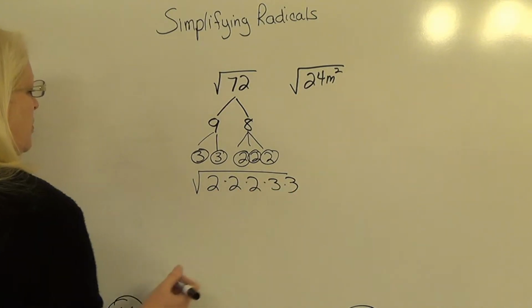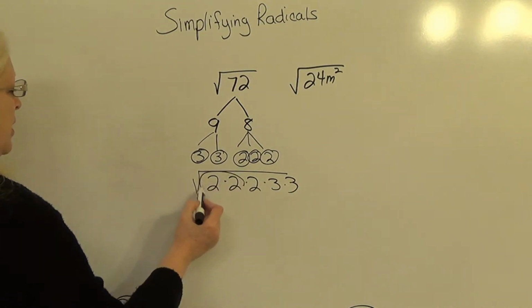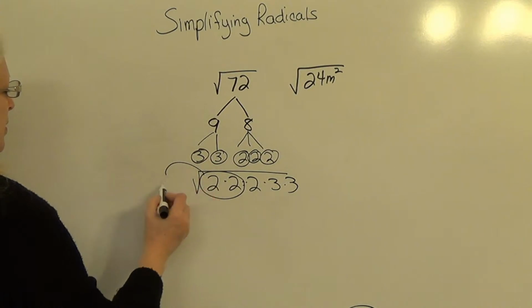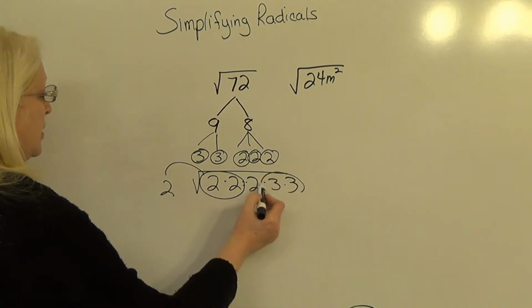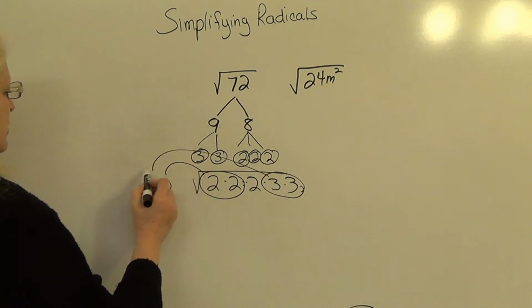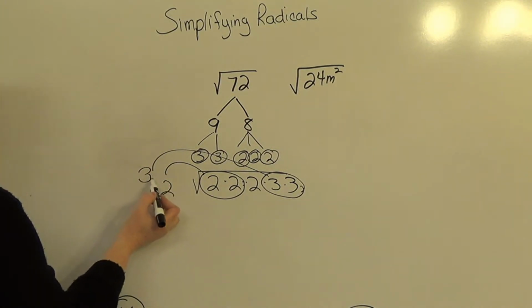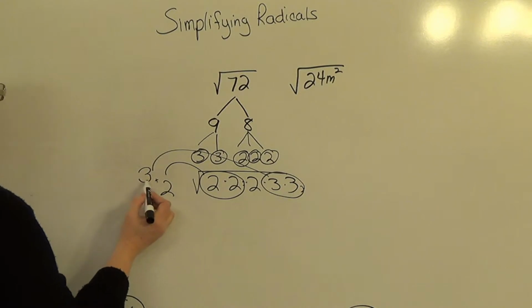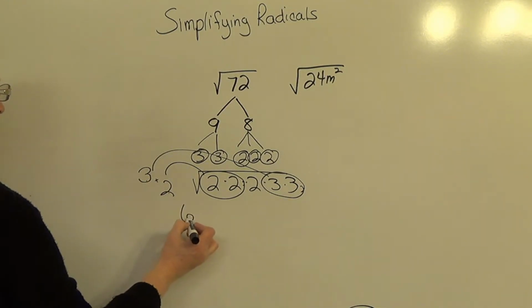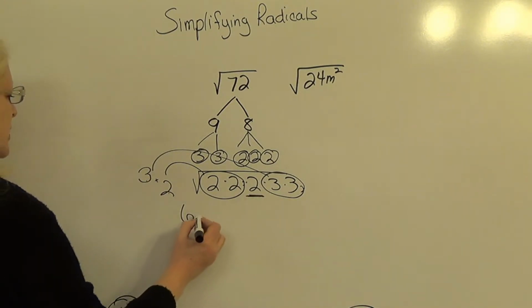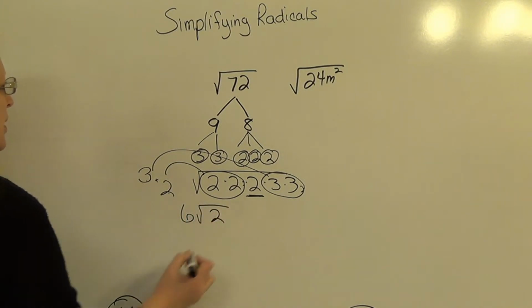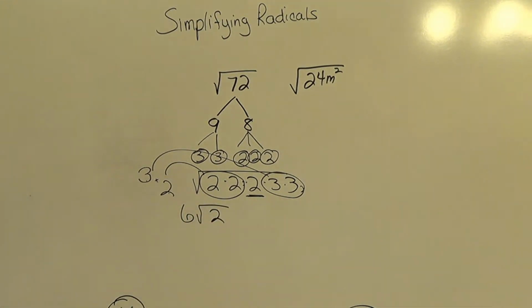Okay, now we're going to look for pairs. So when you get 2 of a kind, one of them comes out. So a 2 comes out, and here's another pair of 3's, so a 3 comes out. Now, when they come out and they bump into each other, you multiply. So 3 times 2 is 6, and then this one is still left inside, and we're going to keep it there. So we're going to get the same answer, 6 square root of 2, just a different method.